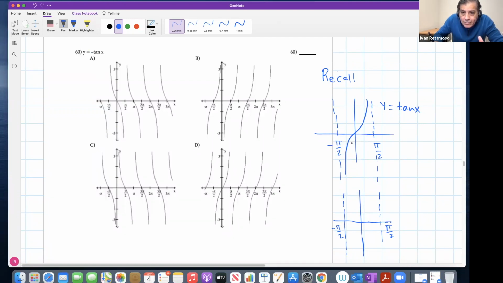And if this piece is negative because of the minus, this piece will be positive. So still you will get a chair, but a decreasing chair. When it's positive here, negative here, when it's negative here, positive here. So this is the graph of y equals minus tangent of x, right? You follow, guys? Look for that. This one looks good, right?